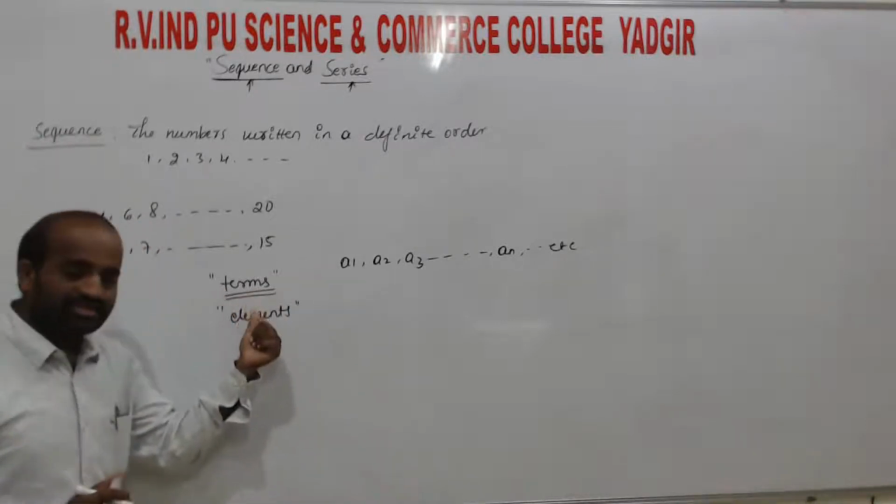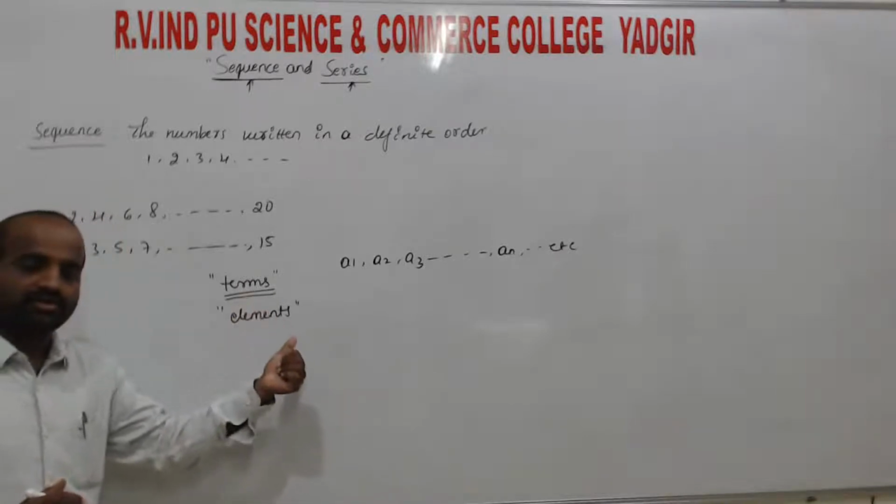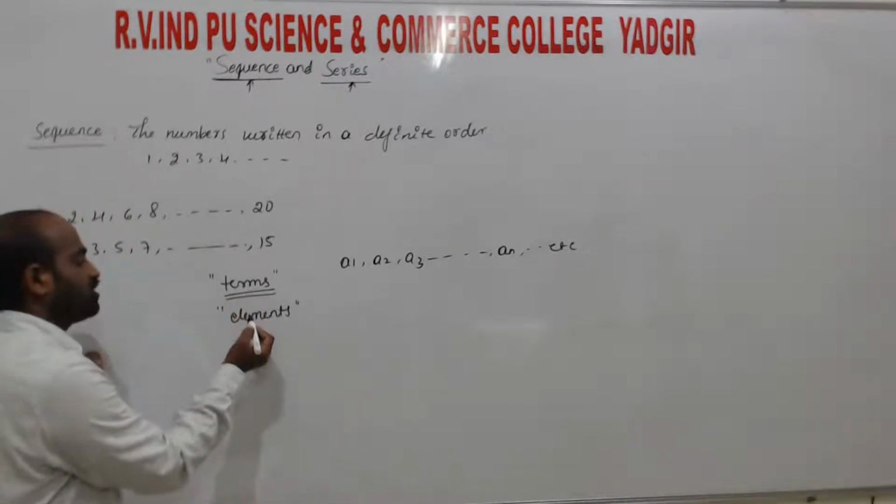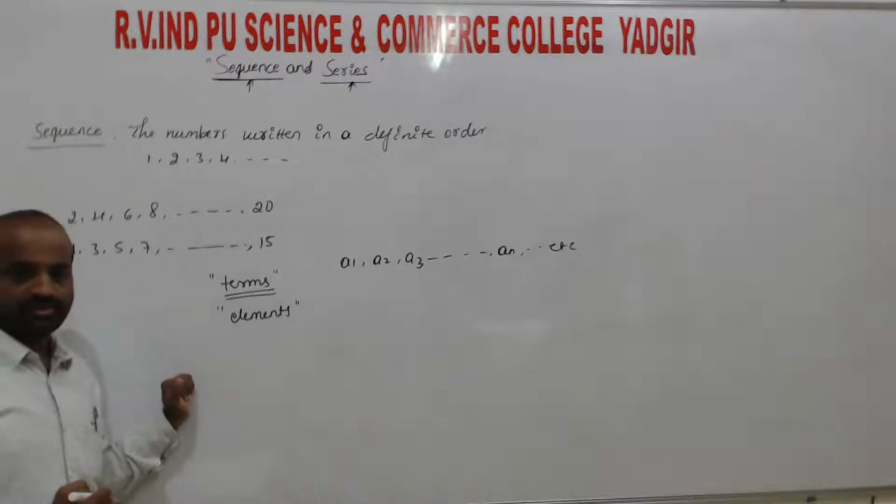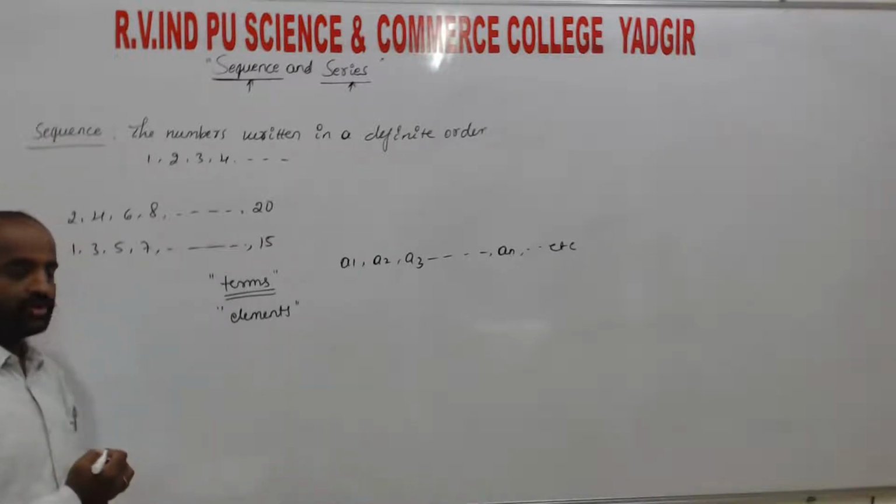The various numbers occurring in a sequence are called terms or elements.